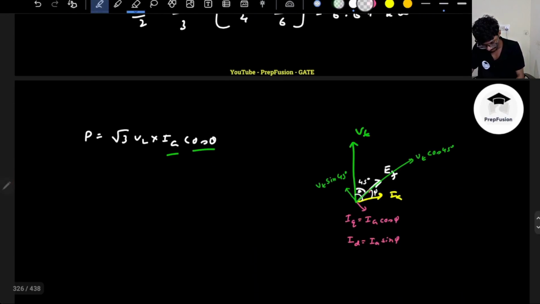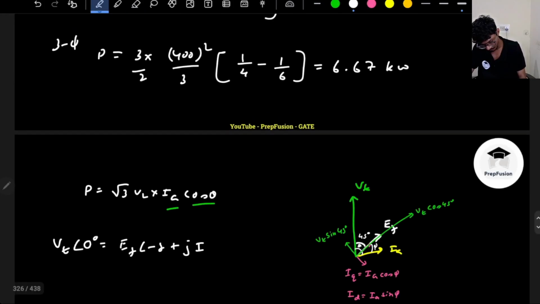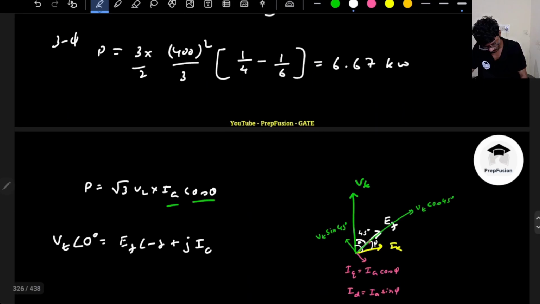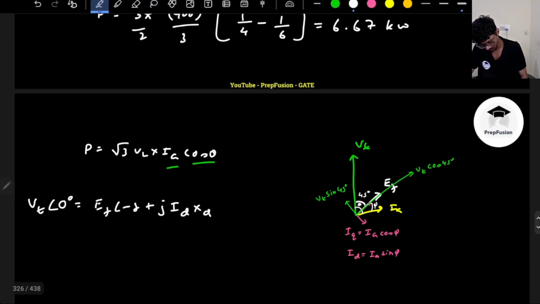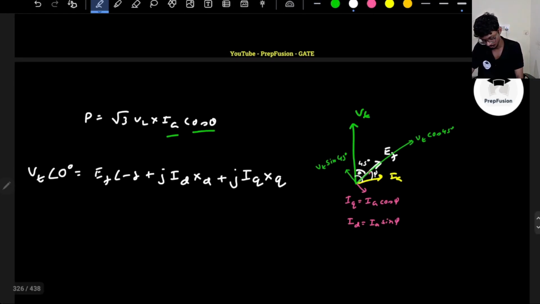So my VT angle 0 is equal to EF angle minus delta plus j ID into XD plus j IQ into XQ. Okay.